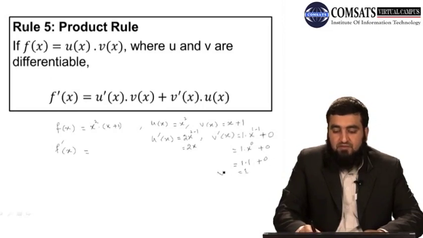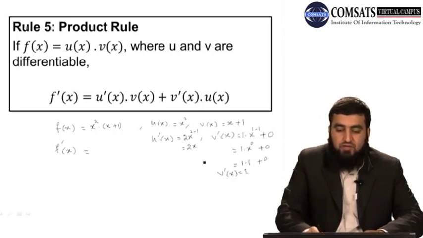So your v prime of x is 1 and your u prime of x is 2x.